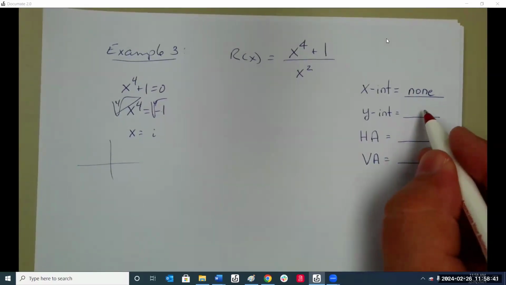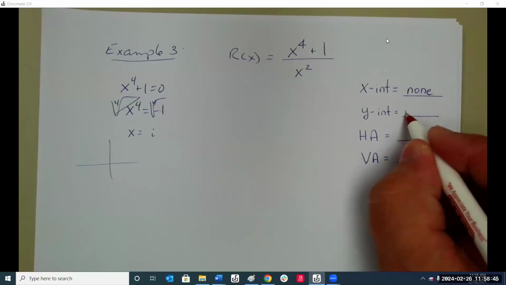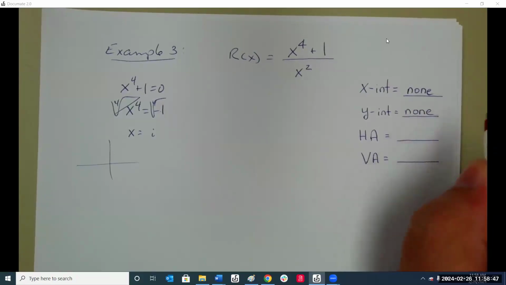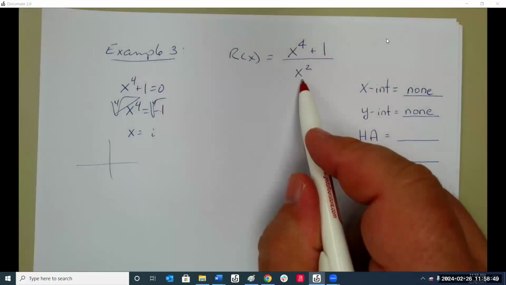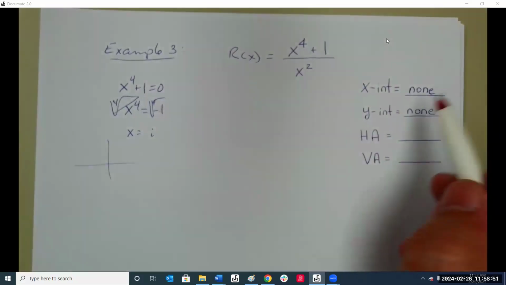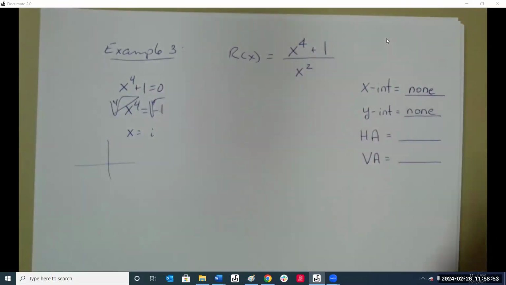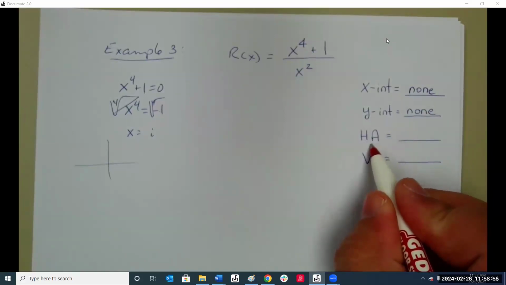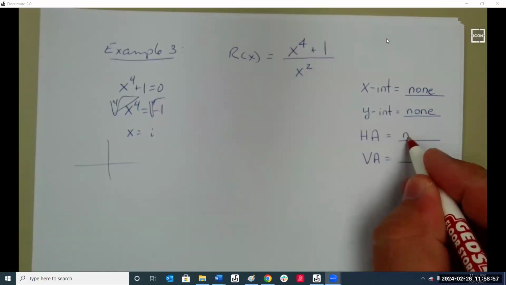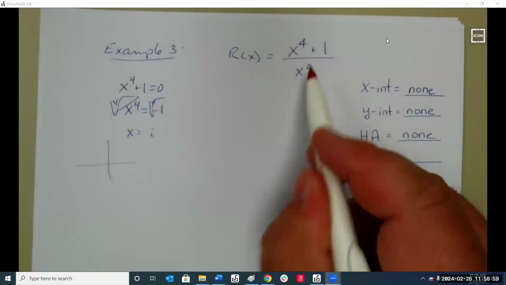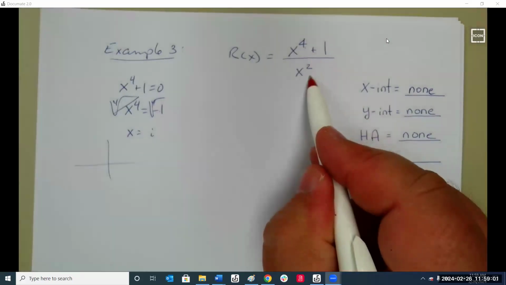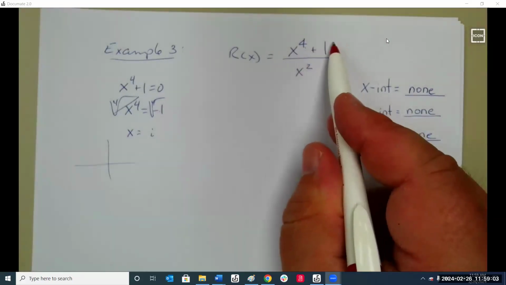We have a y-intercept. To find the y-intercept, set all the x's to 0. We got a 0 on the bottom, so no y-intercept. Do we have a horizontal asymptote? No, because there's 4 on the top, 2 on the bottom, so it's x squared.